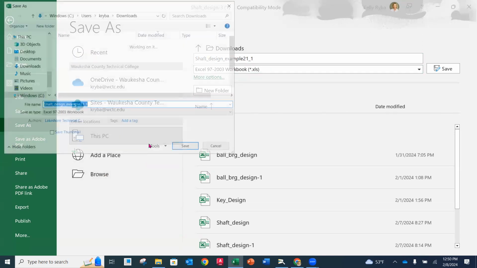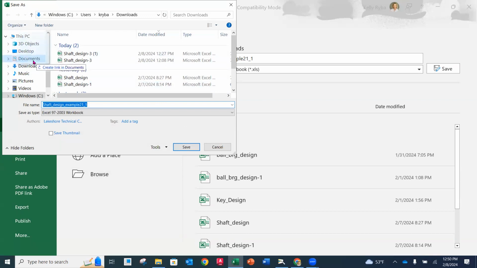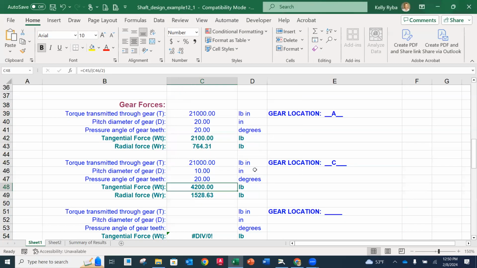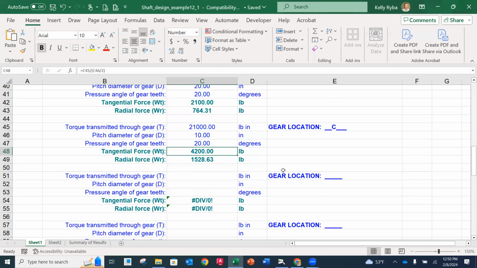And I'm going to browse. I put everything on my desktop. I don't know about you. Okay. So you just want to have a place where you're going to be able to reference it if you need to, or if it goes away or whatever.